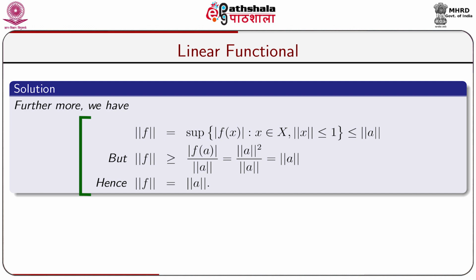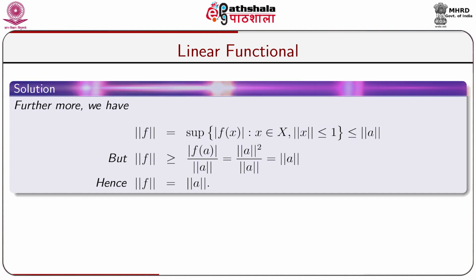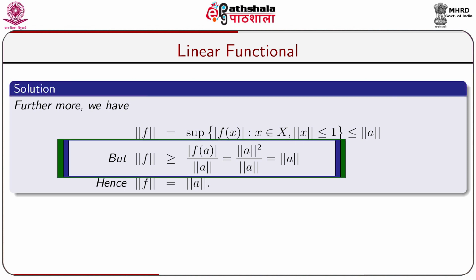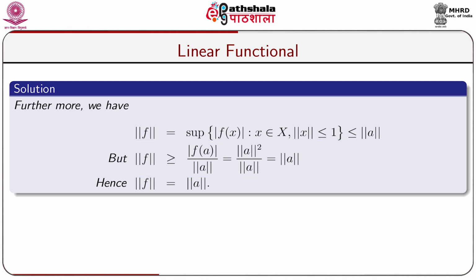That is, norm of f is the supremum taken over all such values of modulus of f(x), where x belongs to X with norm of x less or equal to 1, and this supremum is always less or equal to norm of A. But norm of f is greater or equal to modulus of f(A) by norm of A, by the definition of norm of f, and it is equal to norm of A squared divided by norm of A, and by cancellation of denominator and numerator, it is equal to norm of A. Hence, norm of f is equal to norm of A.